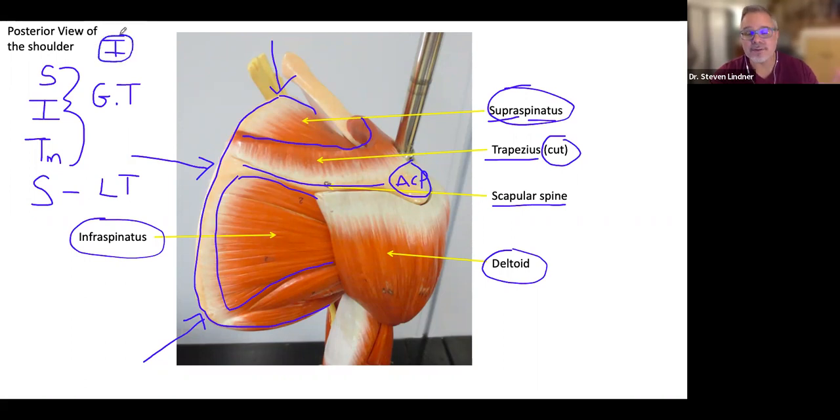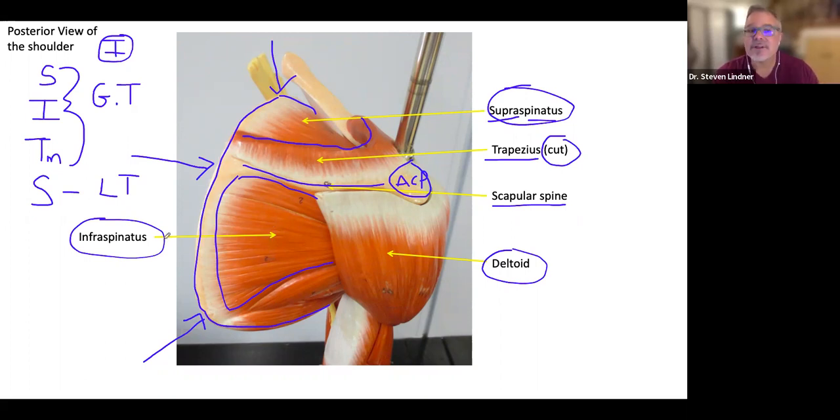Where are the origins? Well, the supraspinatus and the infraspinatus, they originate on the fossa based on the name, right? So the supraspinatus originates on the supraspinous fossa, whereas the infraspinatus originates on the infraspinous fossa.